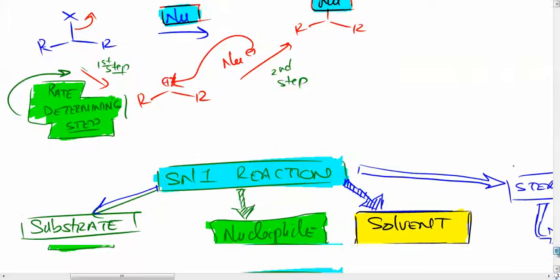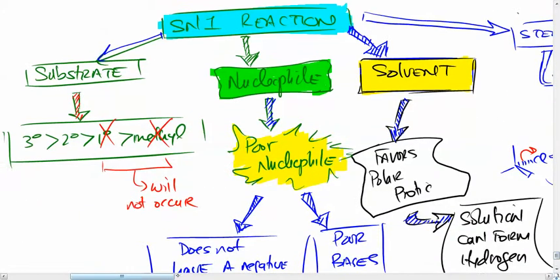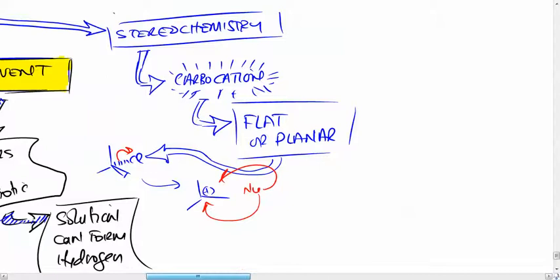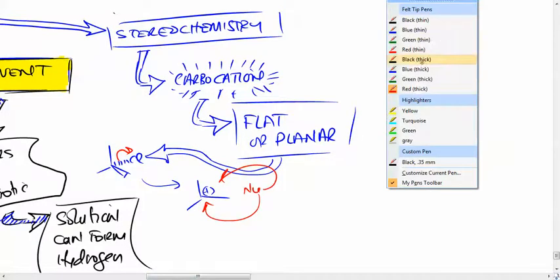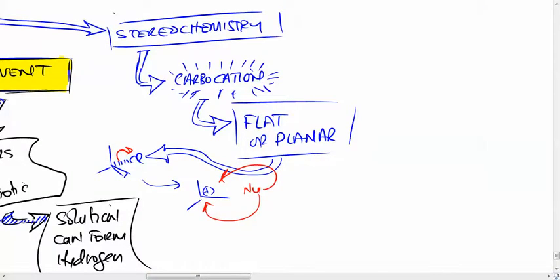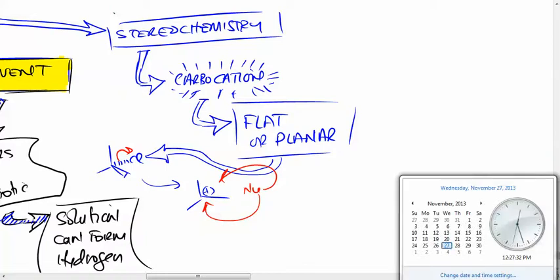So what that means is that we're going to generate a racemic product. What does racemic mean? It just means that we have equal proportions of both enantiomers. Since we're flat, the nucleophile will come either from the top or the bottom.